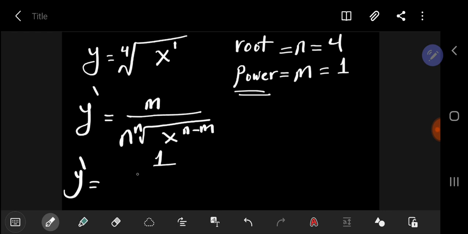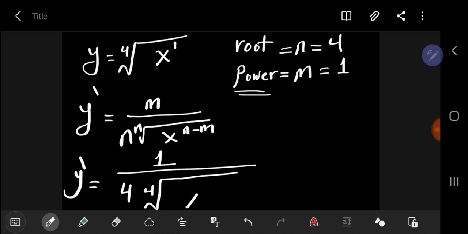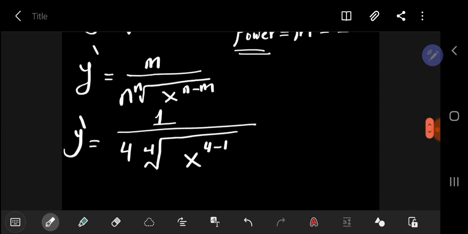So y prime equals the power, 1. So I put 1 over 4 multiplied by the same root, the fourth root, x to the new power n minus m, root minus power. So 4 minus 1.